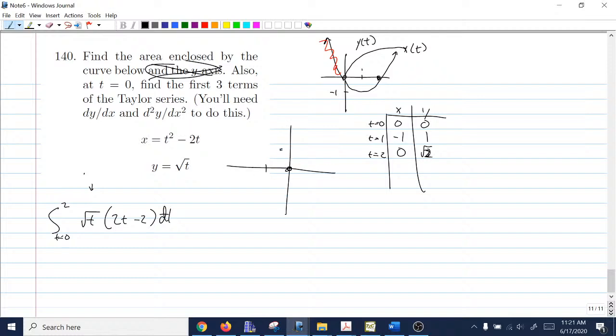Negative 1, 1 is over here. 0, root 2 is up here. So something like that. x is negative, y is positive. I have my x's and y's switched the first time I drew this. So between the curve and the y-axis does make sense. It makes the most sense to think of it as the integral of x dy.